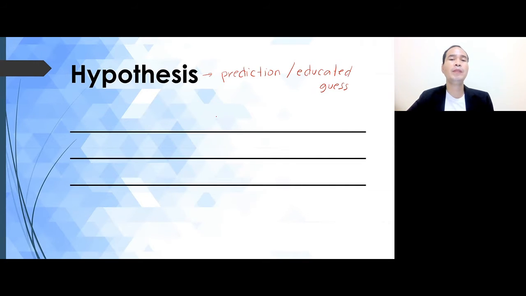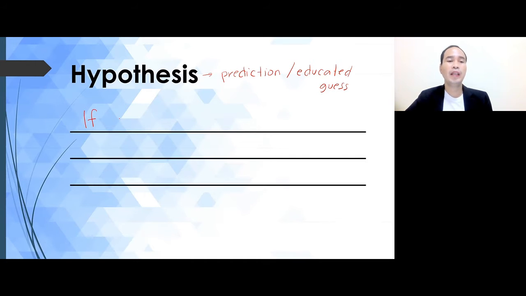If you're going to make your hypothesis, you have to remember the cause and effect, okay? I'll give you an example. My hypothesis is this one. If, you always start with the statement if, because in a hypothesis, we don't know yet what will happen to your experiment. So that's why you always start with if.